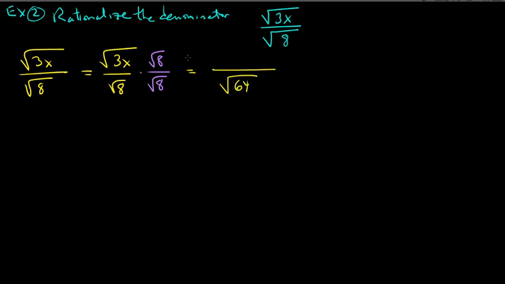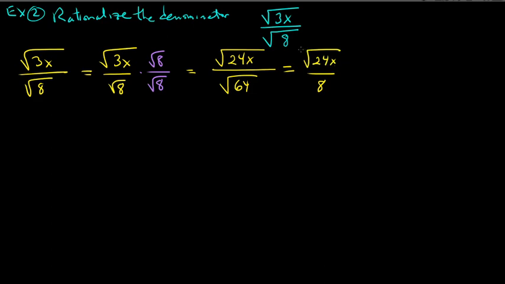So no problem there. And then the numerator will be the square root of, 8 times 3 is 24. And then don't forget we still have this x inside. So we're okay with that. And the square root of 64 is just 8. So we got rid of the square root in the denominator. And the numerator is just the square root of 24x.